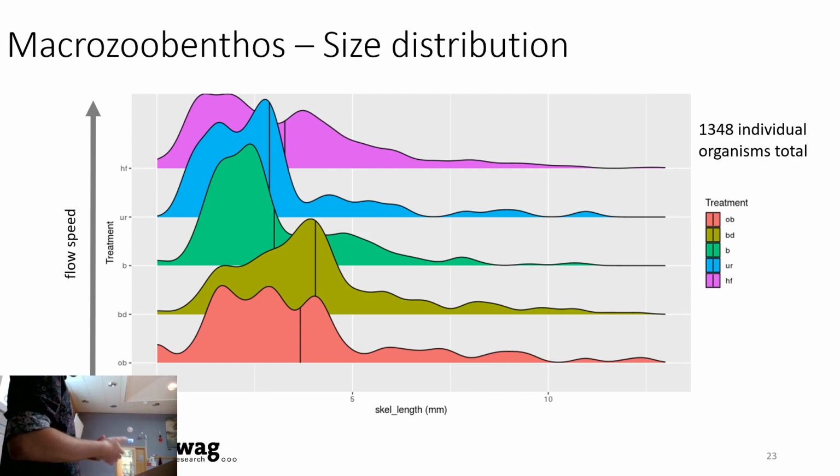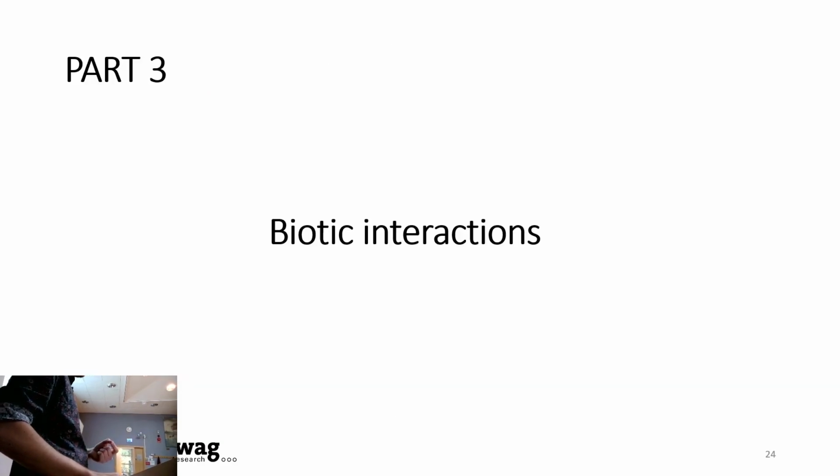So the strong flow will tend to bias toward smaller-bodied organisms. This is just a very brief example of how these techniques can speed up the work and get you to the data that you need, and that the stakeholders need, much more quickly.